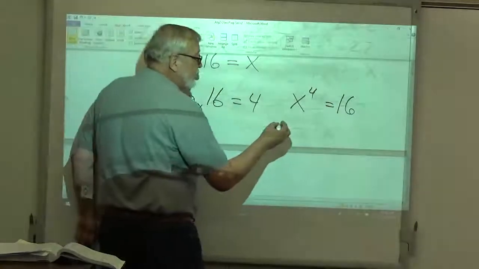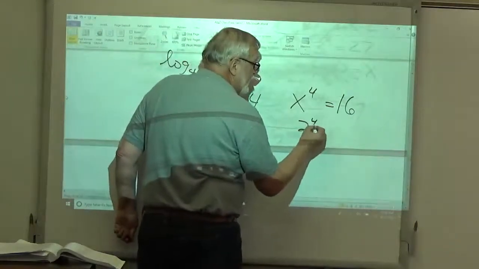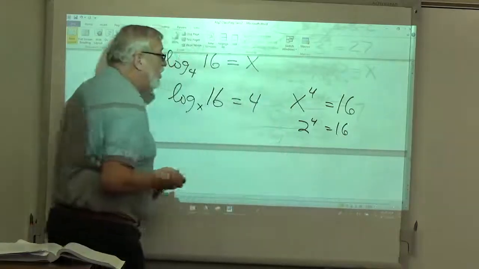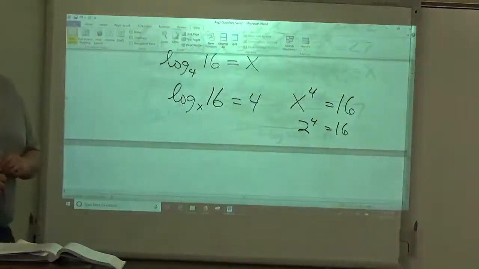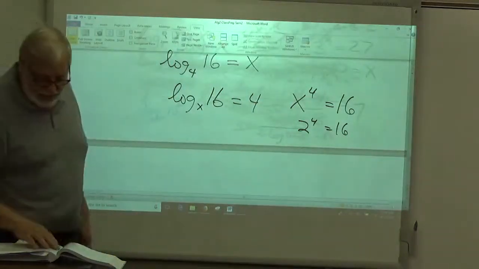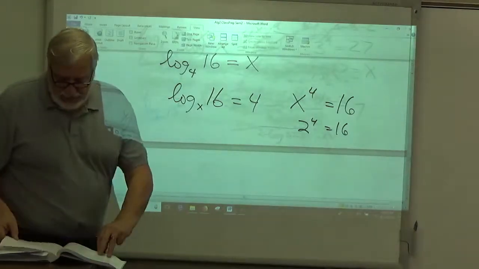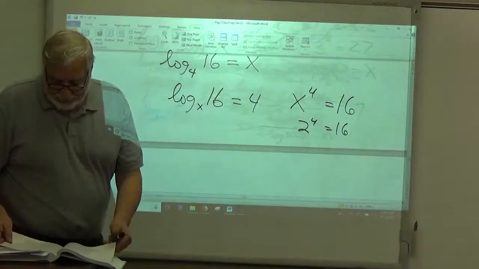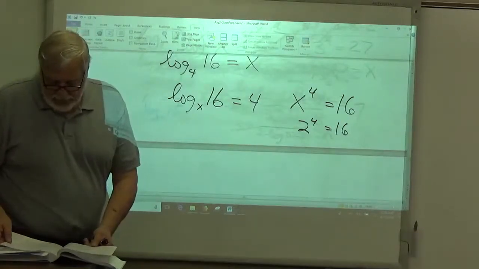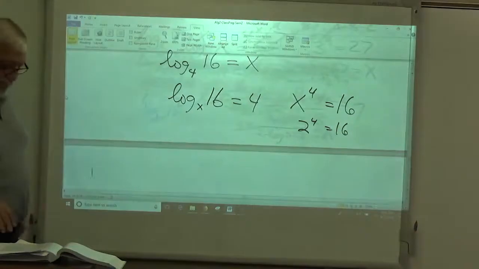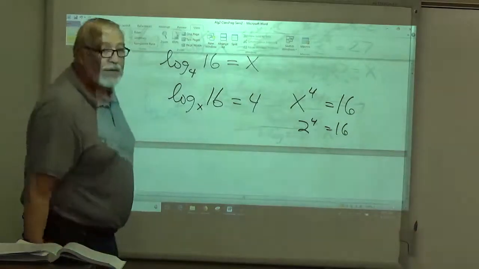This happens to be 2 to the fourth power equals 16, but one of our rules does not allow us to convert that. And what I'm trying to figure out is why do they have that here then? They really hate us. They really want to make us think. Oh, I know what they're doing. I know what they did. Silly, silly.